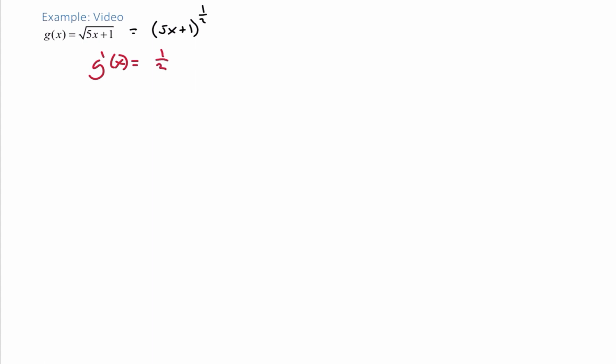So we have 1/2, bring that exponent down, copy the inside, and then subtract 1 on the power. And then we have to remember to take the derivative of the inside of that first function, 5. Leaving us with 5/2, 5x plus 1 to the negative 1/2.